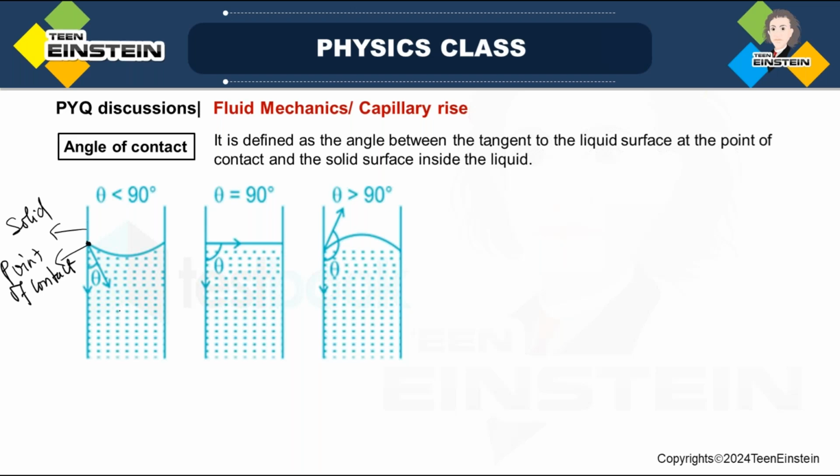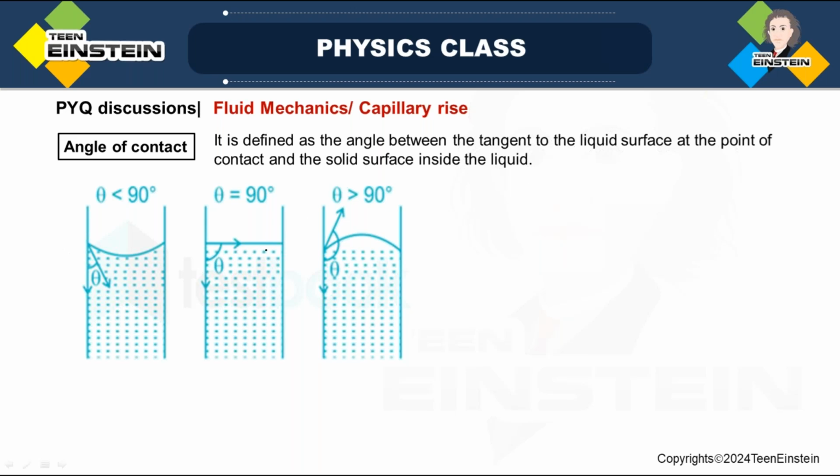It is defined as the angle between the tangent to the liquid surface at the point of contact and the solid surface inside the liquid. So the solid surface we have to take inside the liquid.